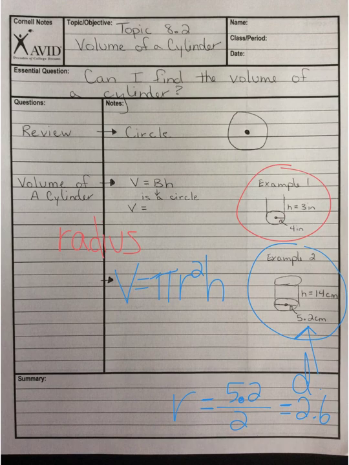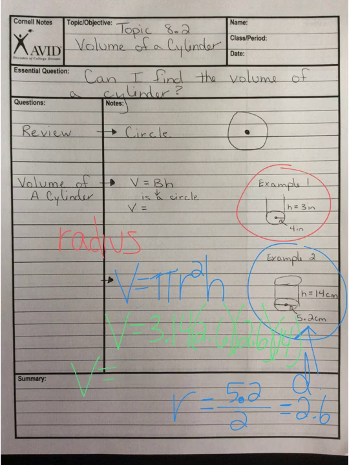So as we go ahead and we plug our numbers in for example 2, we have volume equals, what do we plug in for pi? 3.14. My r here is 2.6. We times it by itself, 2.6 times 2.6. And the height here we see is 14.